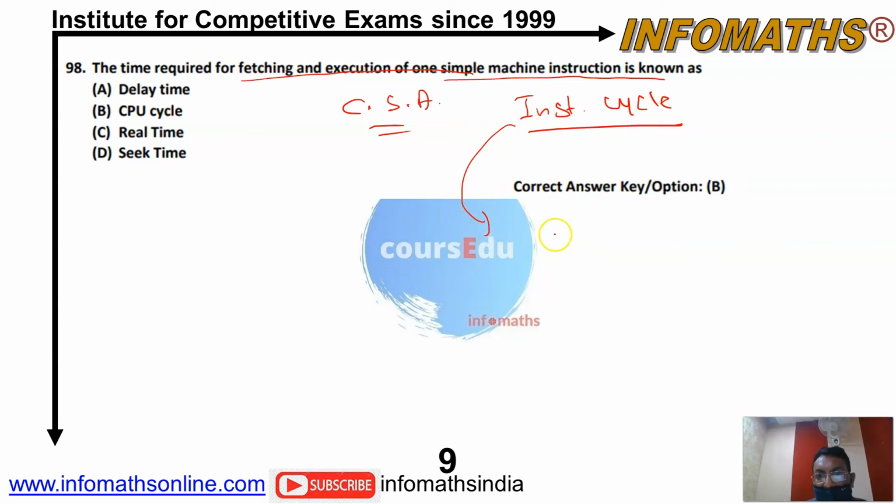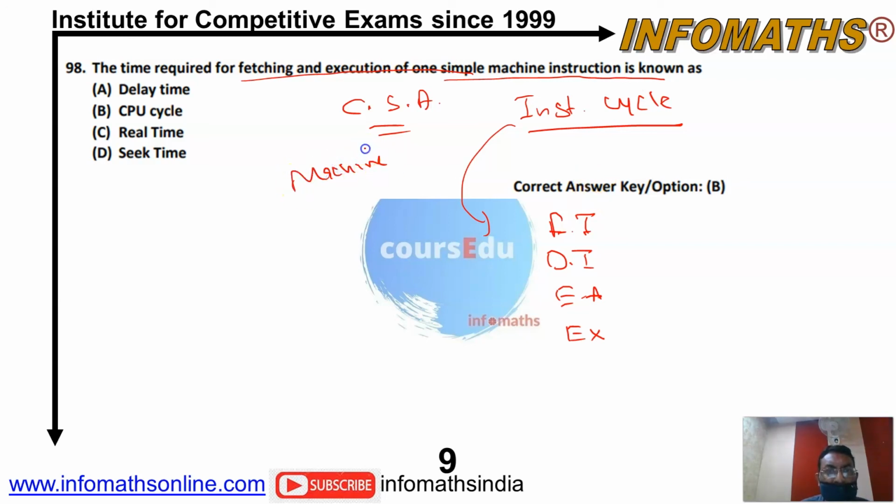First is fetch instruction, second is decode instruction, third is effective address, fourth is execute the instruction. While a CPU executes these instructions, it goes through some small burst time that's called CPU time, CPU cycle or machine cycle.